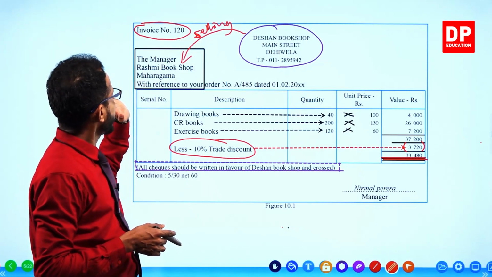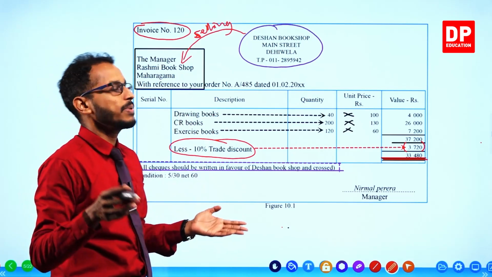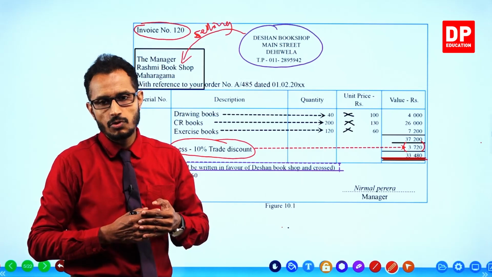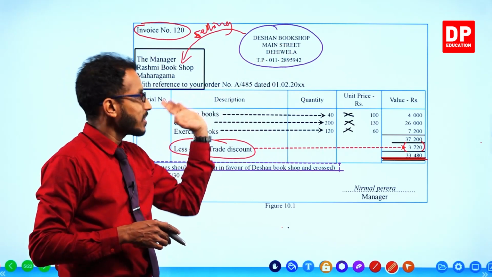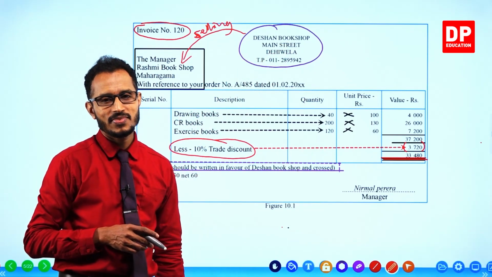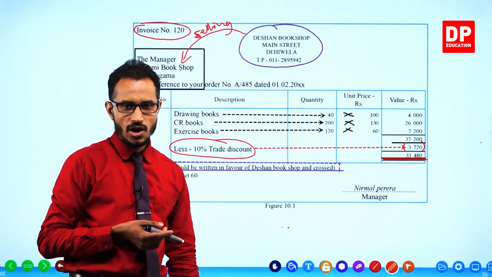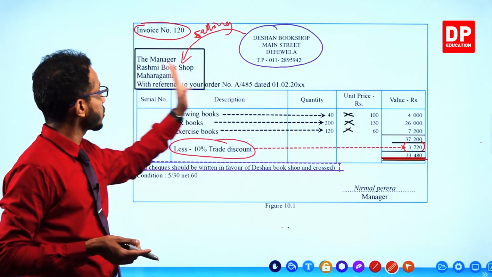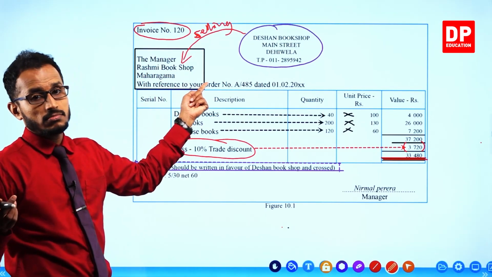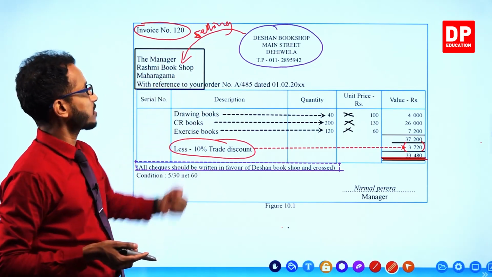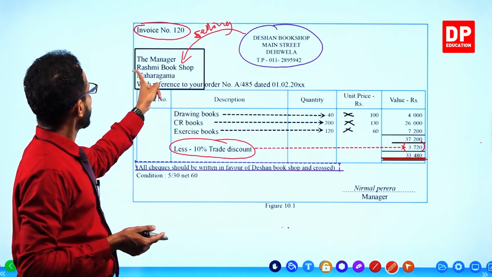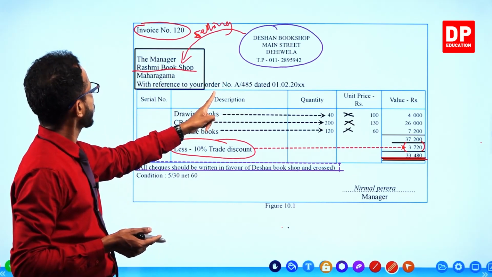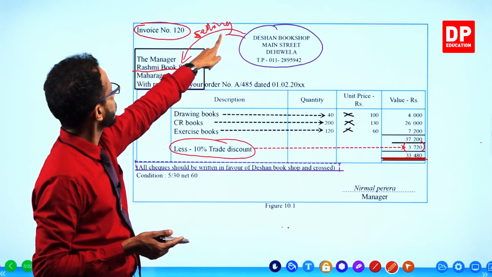For Rashmi Bookshop, it can be considered as the purchase invoice. But for Deshan Bookshop, this is a sales invoice. They are selling. Rashmi is purchasing from Deshan.